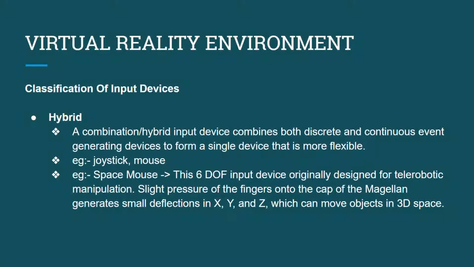The space mouse basically has 6 degrees of freedom. It can take input from pressing the fingertips on it, and it will sense a bit of deflection in the XYZ coordinates, which will generate some movement in 3D space.